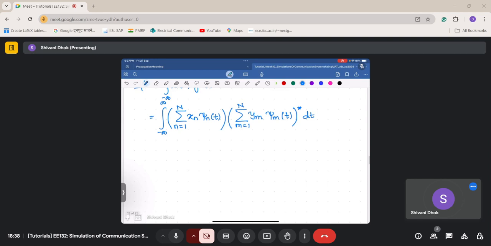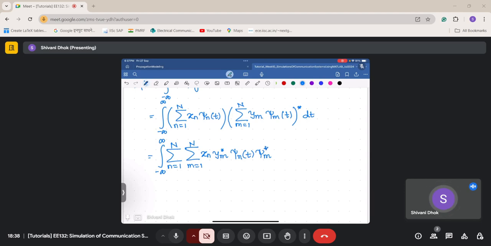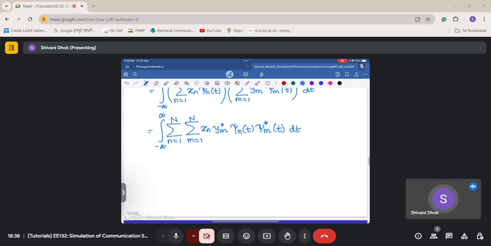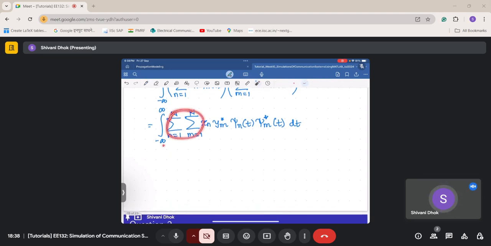Now we can write this as integral of summation n equal to 1 to N summation m equal to 1 to N x_n y_m conjugate psi_n(t) into psi_m conjugate of t dt. Now we can interchange the order of the summation and the integral.